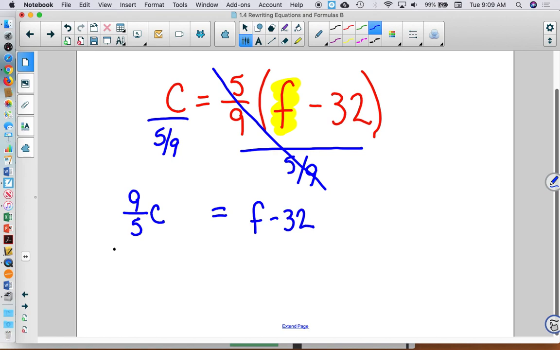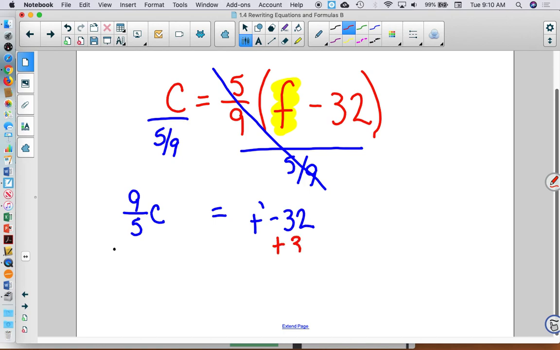What letter are we trying to get alone, Zoe? F, okay. Savannah, how do I get F by itself? This says minus 32. Add 32, good.